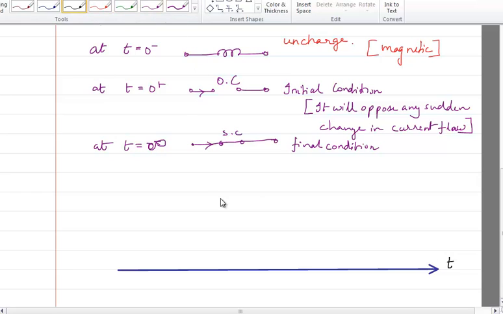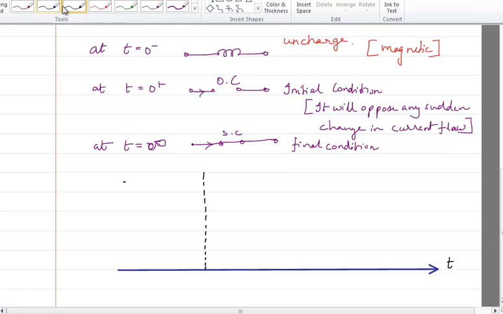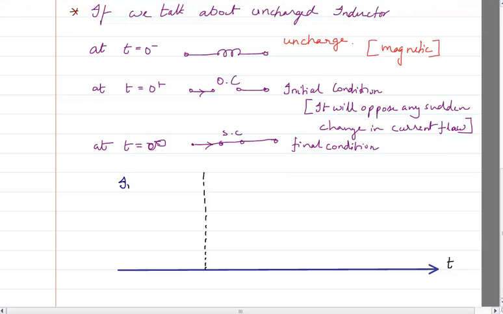The first section is the time before this change is made. So here we will consider the circuit to be in the initial state. So here it is the initial state of the circuit.